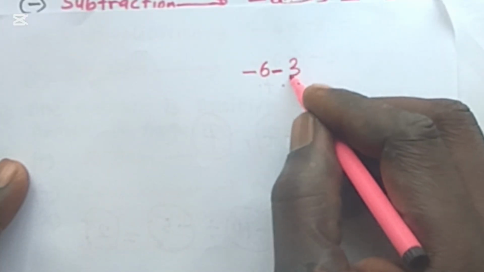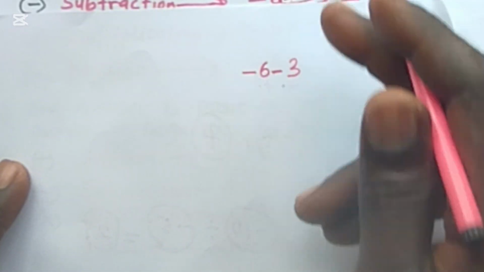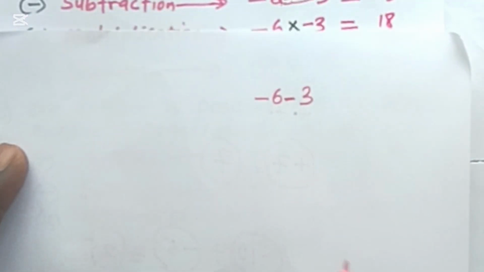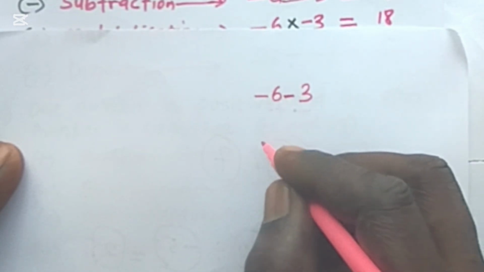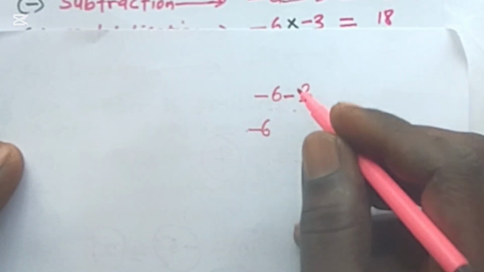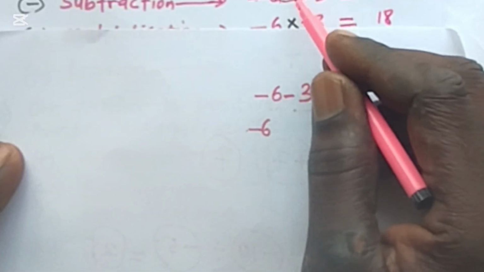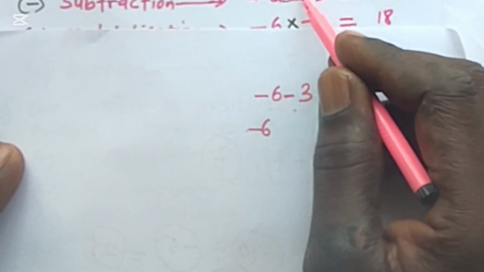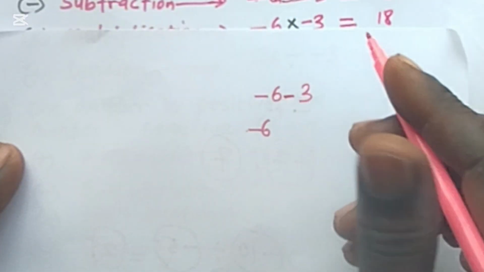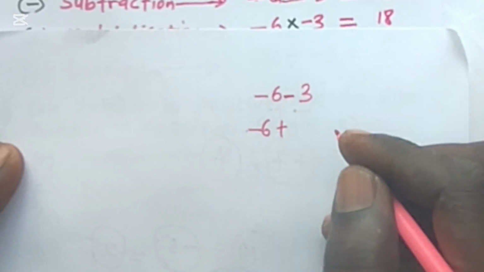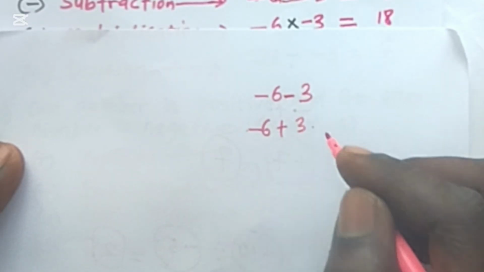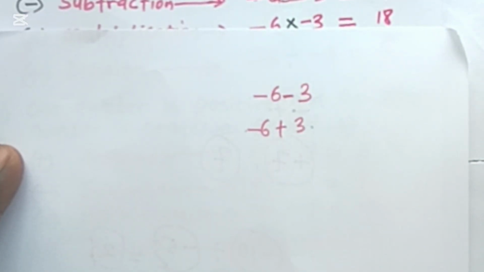Then we'll repeat the 3. If we consider this second one now, the rule states that we should write minus 6, then we'll have minus minus, two like signs written next to each other becomes a plus sign. So we'll write a plus sign here and we introduce 3. This is very, very important.